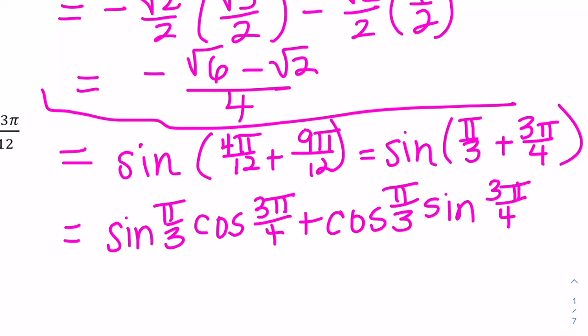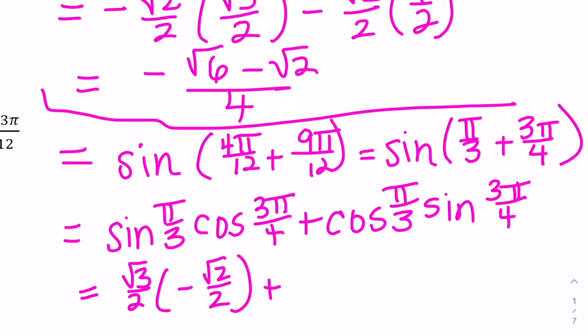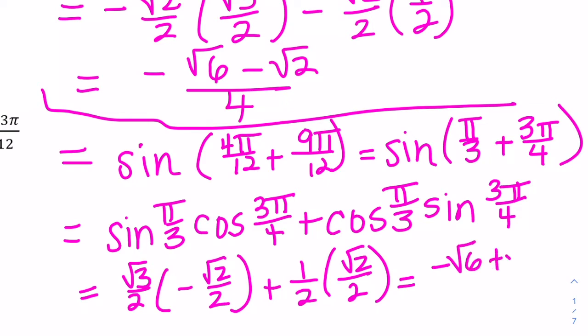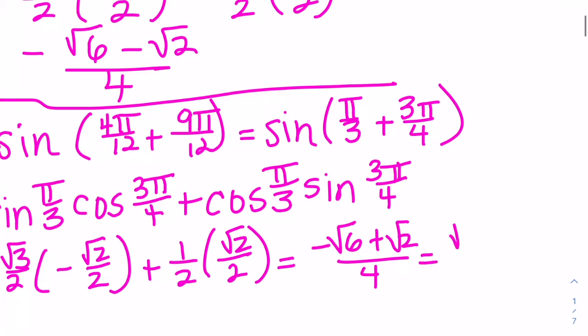And we should know these special triangles of the unit circle very quickly and be able to identify these. So this is root 3 over 2 times negative root 2 over 2. Cosine of pi over 3, that'd just be 1/2. And sine of 3 pi over 4, that's just also root 2 over 2. So we're going to have this simplified as negative root 6 plus root 2 over 4, or you can rewrite it as root 2 minus root 6 over 4.